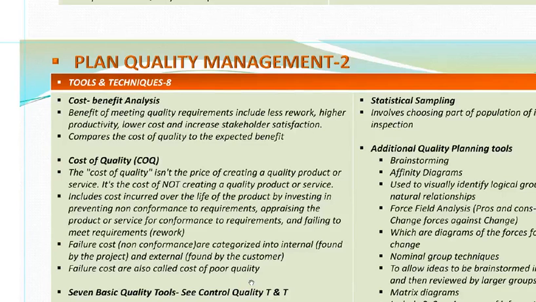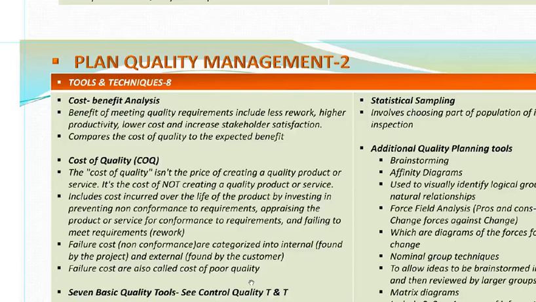So the exam will give you 4 options, and then you have to select one. Now, if you already know what cost of quality means, then you really don't have a problem selecting the answer from the different types of questions that they give you. They could frame the question in 10 different ways, but as far as you know what cost of quality is, there's no way you are going to get it wrong.